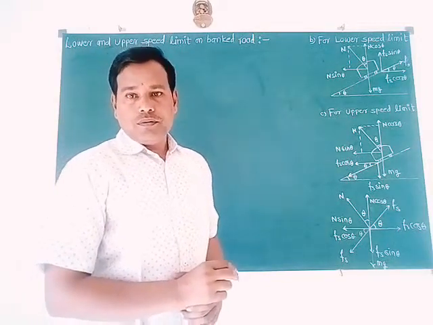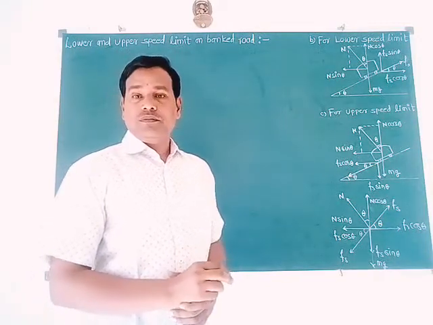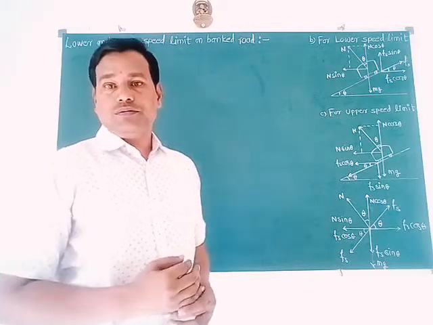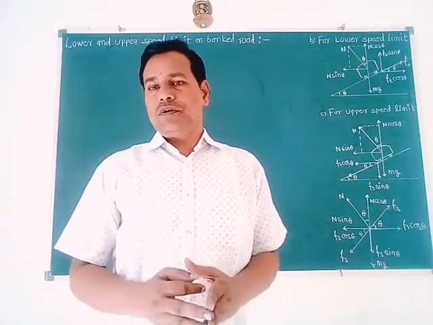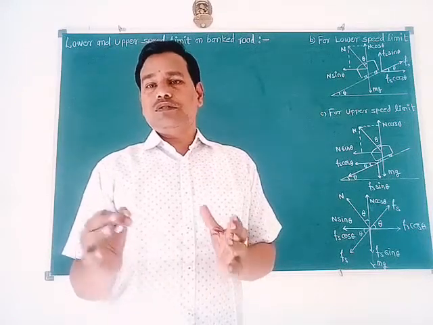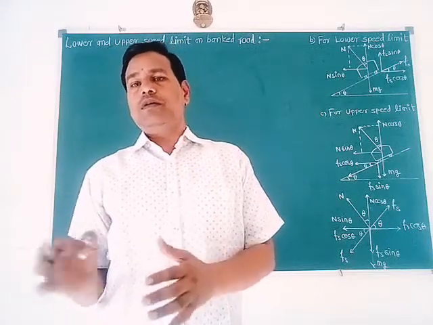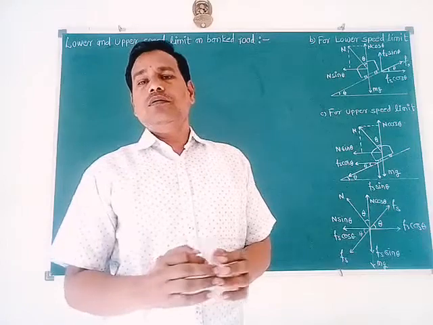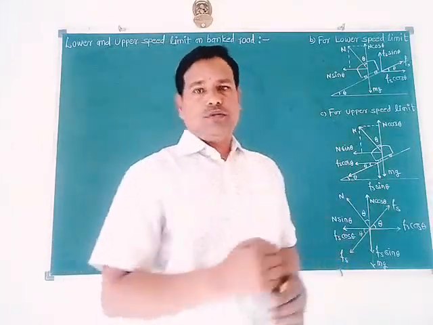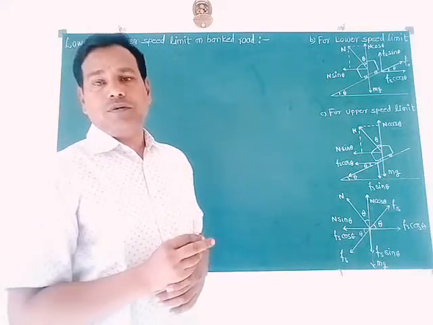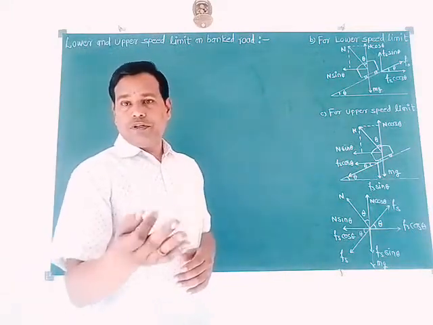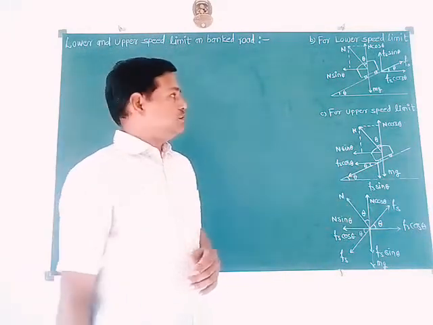So, dear students, in our last lecture, we obtained the expression for the most safe speed of a vehicle along the banked road. Before that, we also obtained the relation for the optimum speed of a vehicle on a plain curved road.